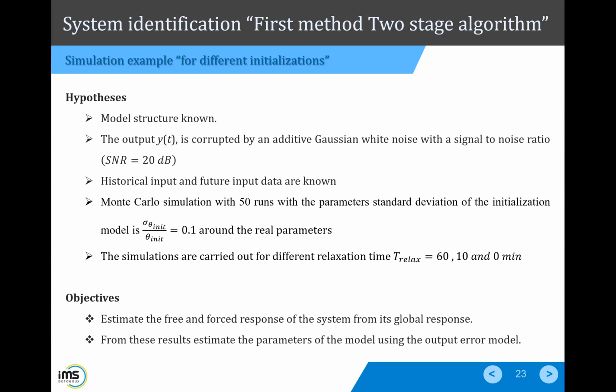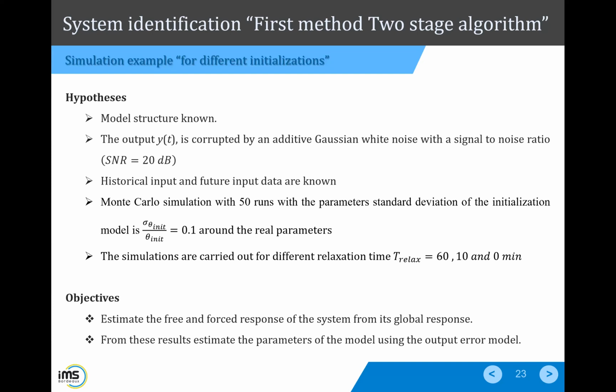From this second graphic, we consider that the model structure is known, and we know the output, which is corrupted by Gaussian white noise. We know the historical input data and the future input data. Here we use a Monte Carlo simulation with 50 runs, with the parameter standard deviation of the initialization model around 0.1 around the real parameters.